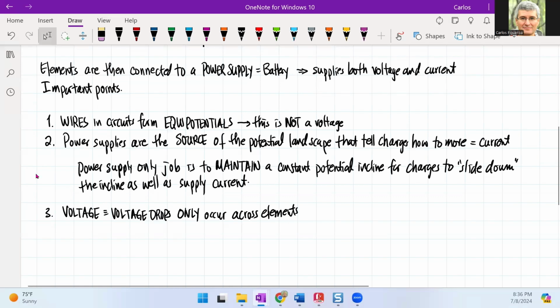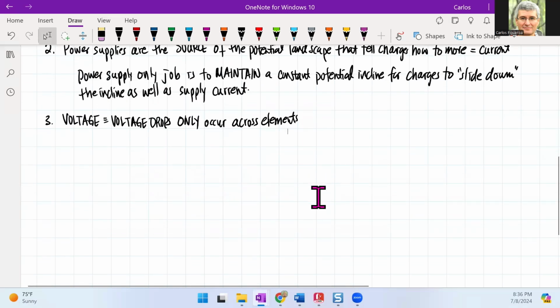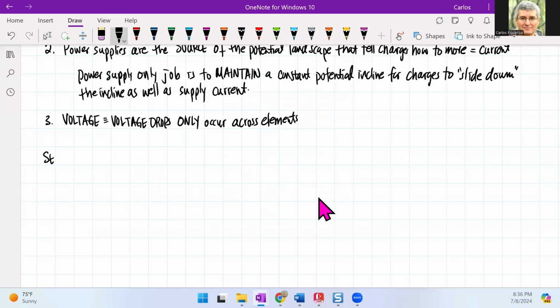So now let's talk about series circuit fundamentals. So here we are. Series circuit fundamentals. So for the sake of argument, I'm going to put numbers into this circuit.